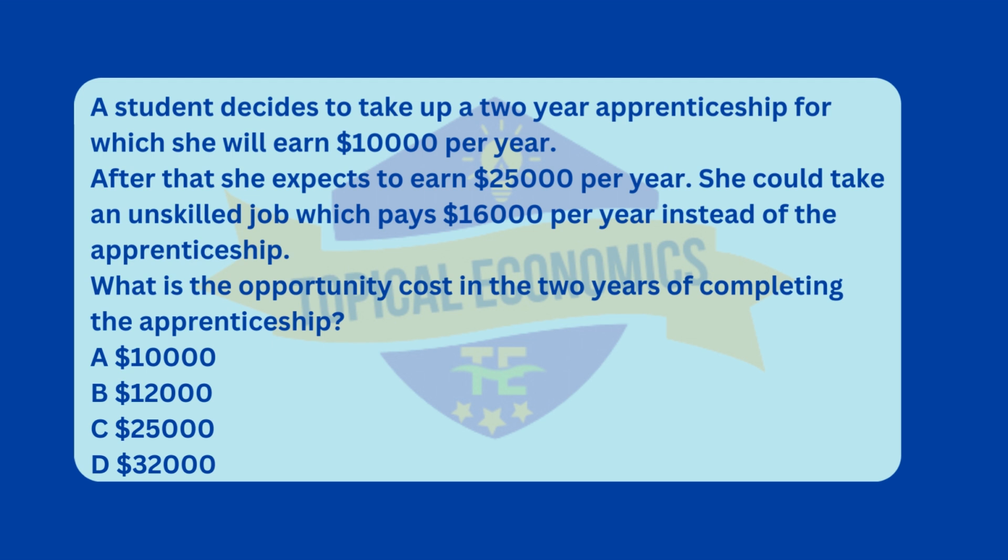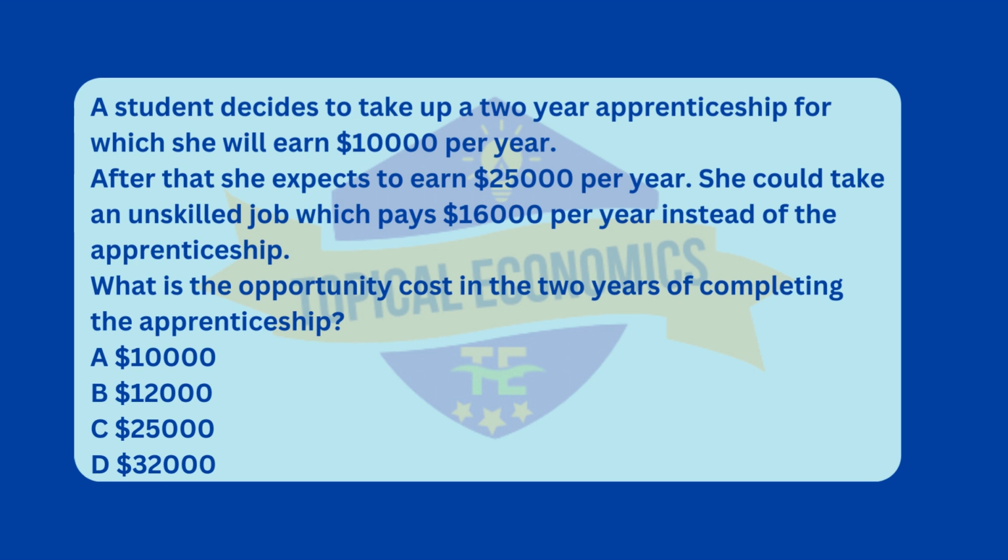So, by choosing the apprenticeship, the student forgoes the opportunity to earn $32,000 in total, and instead earns $20,000. The opportunity cost is the difference in earnings between the unskilled job and the apprenticeship over the 2 years. Opportunity cost equals foregone income equals $32,000 minus $20,000 equals $12,000. Therefore, the opportunity cost of the apprenticeship, the income the student gives up in the 2 years, is $12,000, which is the correct answer.